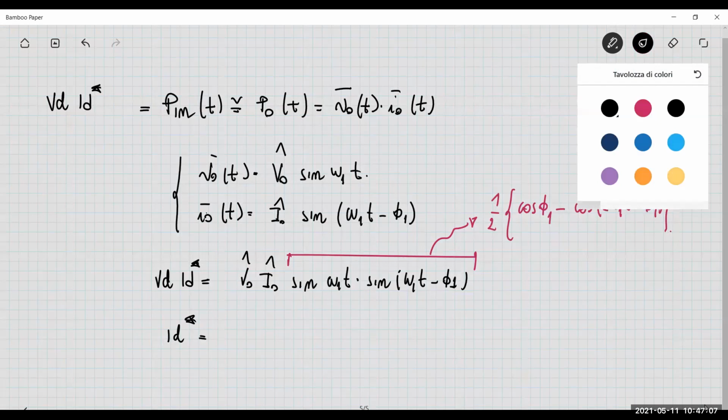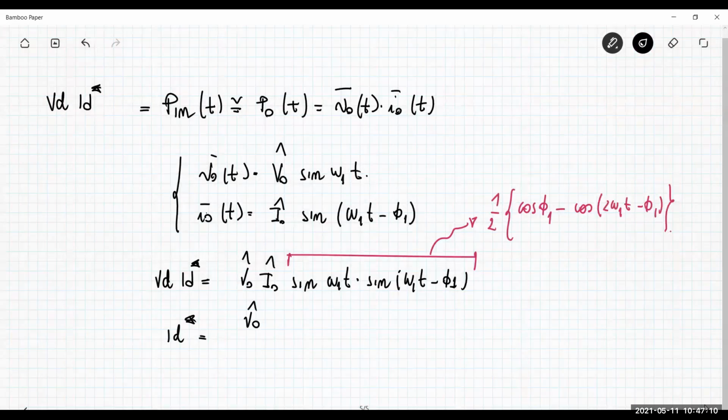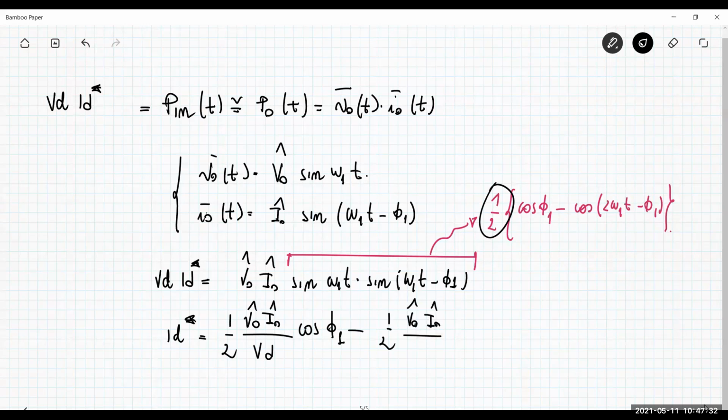And so id becomes V naught peak I naught peak divided by Vd multiplied by one half, cosine phi 1, and then you have another term which is one half V naught peak I naught peak divided by Vd. Then you have a cosine of 2 times the frequency, so cosine of 2 omega 1 t minus phi 1.